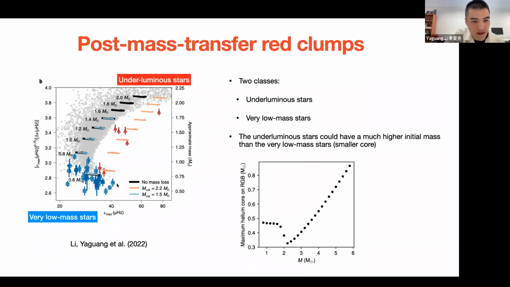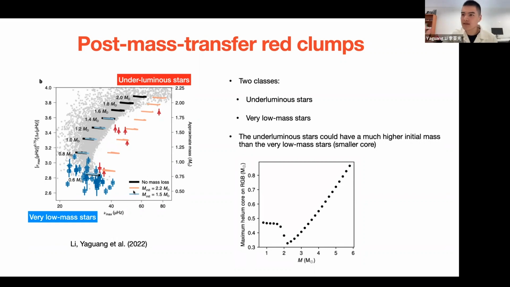And I'm also showing what happens if I evolve a star with an initial mass of 1.5 solar masses, indicated by these light blue lines, and the model just gets stripped of some of its mass from the surface at the RGB tip, and then it will get the final mass indicated by these numbers, 0.6, 0.8, etc. So basically, in this case, you can see these blue tracks are overlaid exactly on these black tracks, which indicates that if a star starts with 1.5 solar masses and ends up with these final masses, then its stellar properties are going to look exactly like the regular stars. There's no way to distinguish between them.